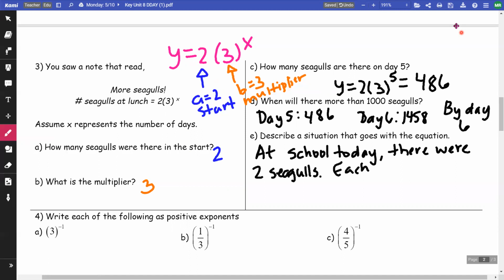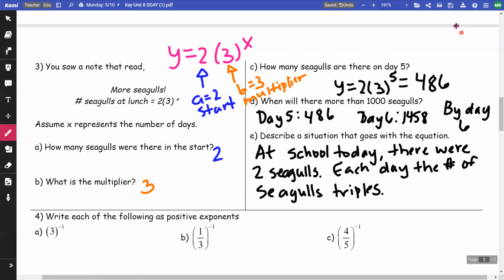Each day the number of seagulls triples. Okay, so that would be a situation.